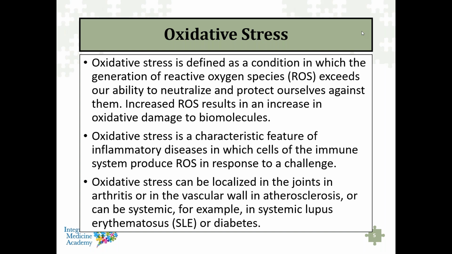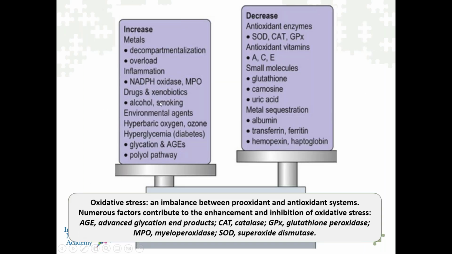Various examples: oxidative reactions in the joints can lead to arthritis, in the vascular system lead to atherosclerosis, or if it's systemic, in things like systemic lupus or diabetes, all of that leads to various diseases. So it makes sense that if we have good antioxidants or enzymes involved in antioxidant pathways, we're going to be protected.